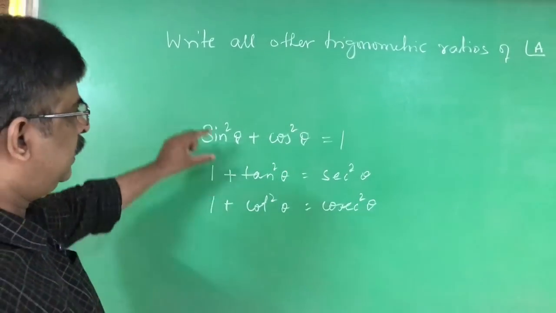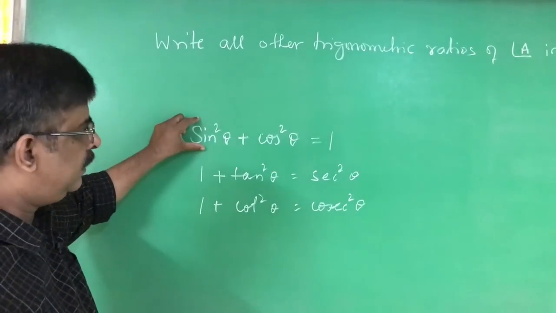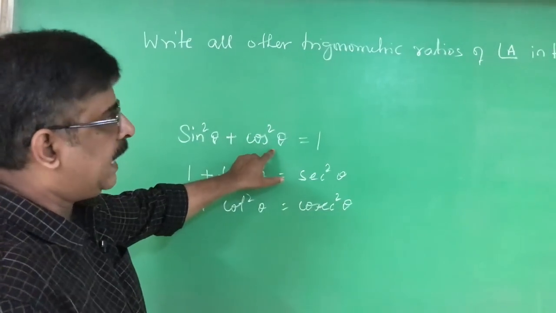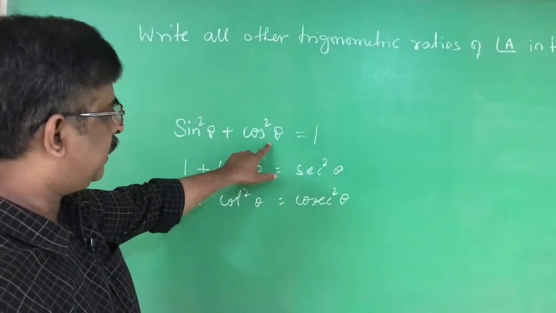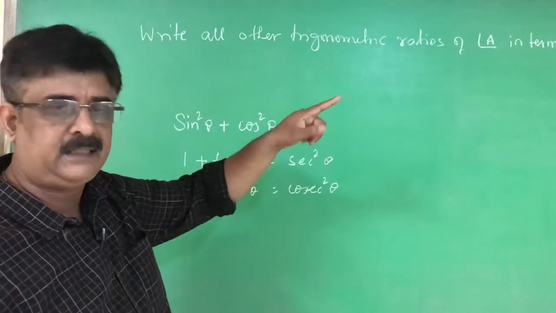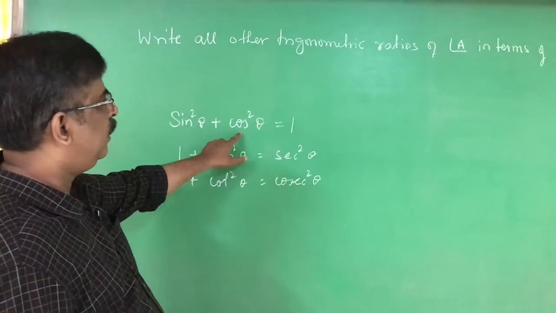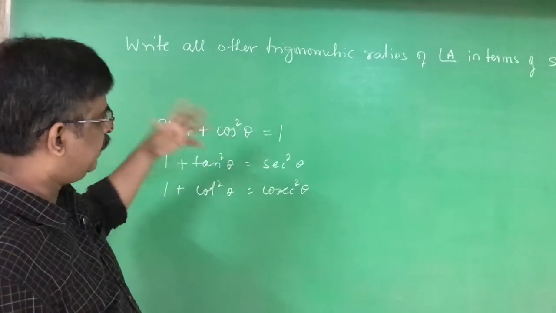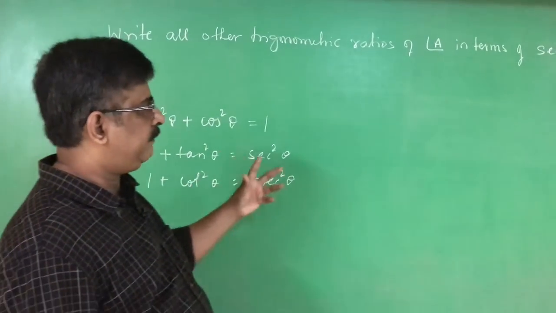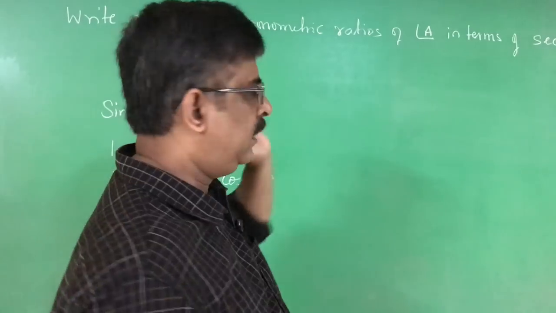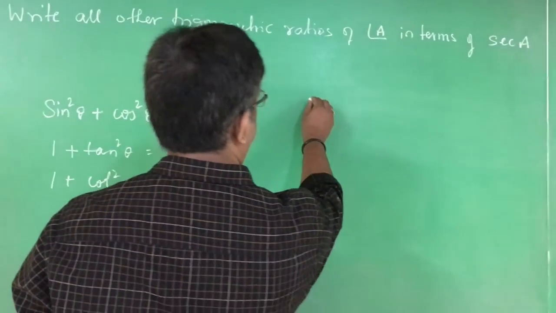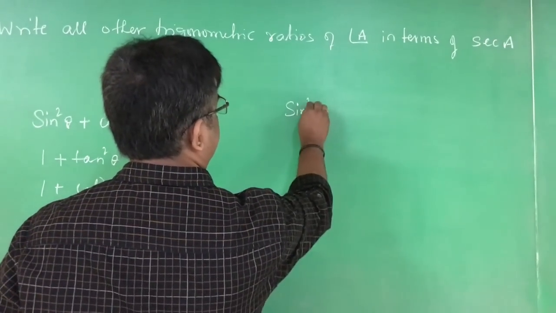Why? Because sin theta is already there. Cos theta and secant theta are related because the reciprocal of cos theta is secant theta. Therefore, I can use this relation to develop the relationship between sin theta and secant theta. What I do is, sin square theta.